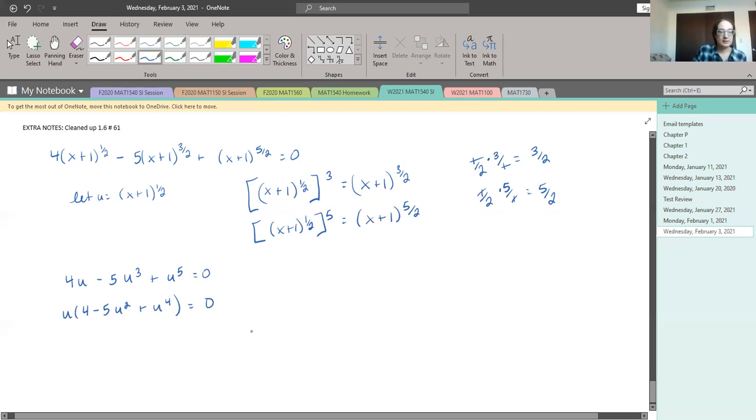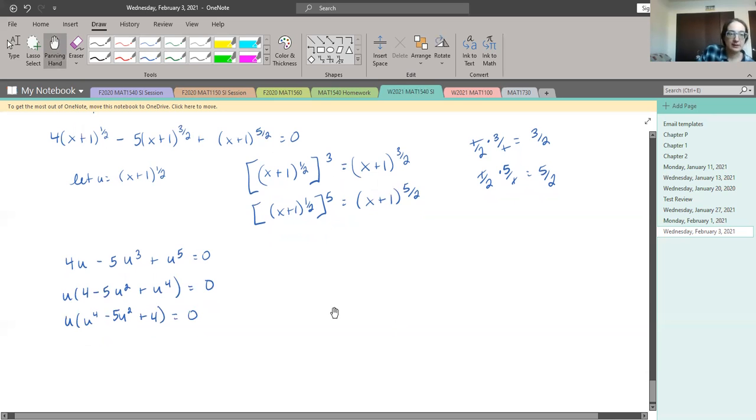Let's rewrite this for convenience into a form that feels more familiar: u to the 4th minus 5u squared plus 4. And now we're going to factor everything completely.